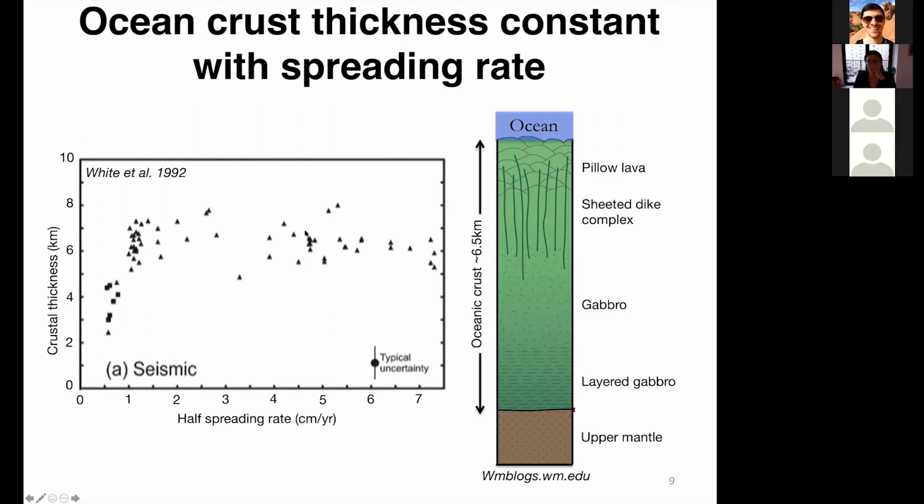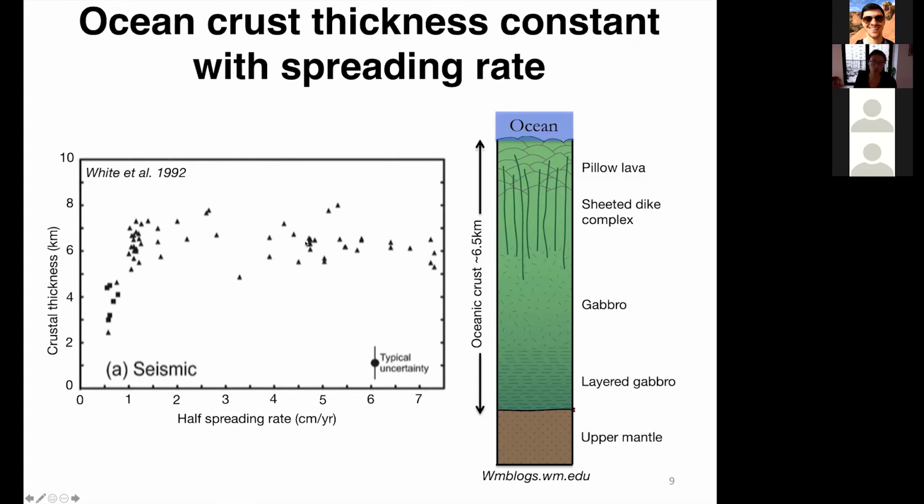What I want to point out is that oceanic crustal thickness is fairly constant for half-spreading rates of more than 1 centimeter per year, and most oceanic ridges are spreading at more than a half-spreading rate of 1 centimeter per year.